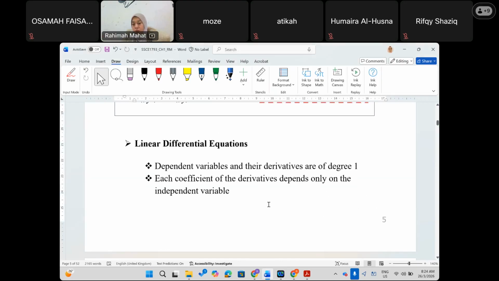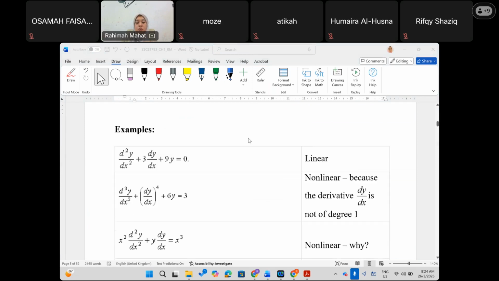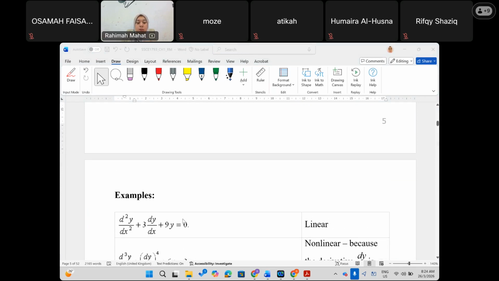The coefficient of the derivative depends only on the independent variables. This is linear because if you look at the coefficient, this one is 3 and 9 only. That's why this one is power of 1, so that's why this one is linear.